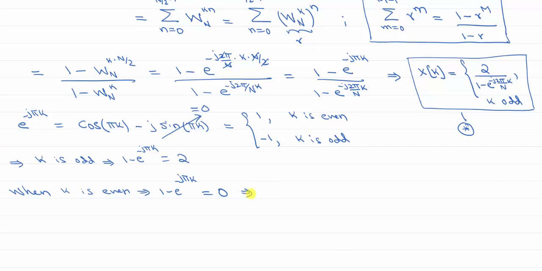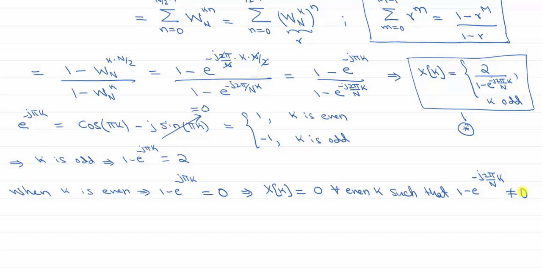So this means that X[k] equals 0 for all even k such that 1 minus e to the minus j 2 pi over N k is not equal to 0.